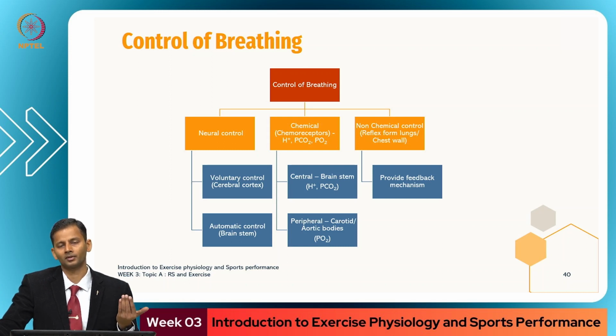The central receptors are more sensitive to the H plus ions and the partial pressure of carbon dioxide, whereas the peripheral receptors, which are located in the carotid and aortic bodies, where the bifurcation of the carotid artery happens, are more sensitive to the partial pressure of oxygen.